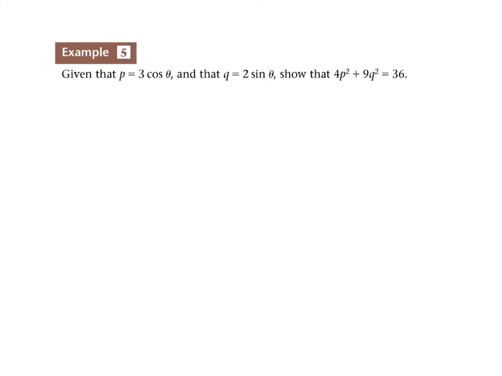Right, given that p is equal to 3 cos theta and q is 2 sine theta, show that 4p squared plus 9q squared is equal to 36. So, let's take p equals 3 cos theta, and let's take q, which is equal to 2 sine theta.